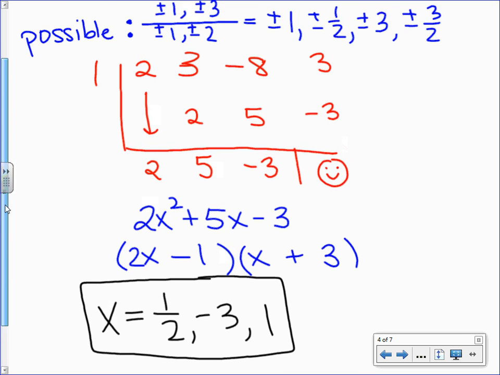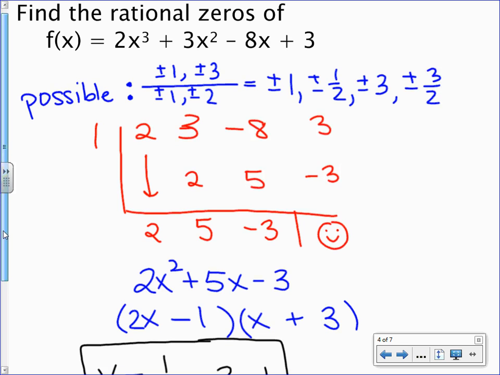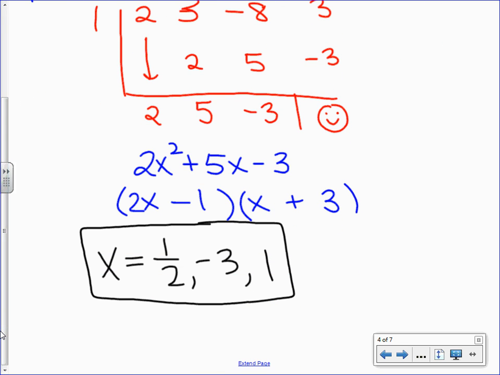Were all of these a part of our list? Yes. So if we would have tried 1/2 first, we would have gotten a remainder of 0, but who would try 1/2 first? You're going to save that to the end probably because it's a fraction, right? All right, but here are our 3 zeros.